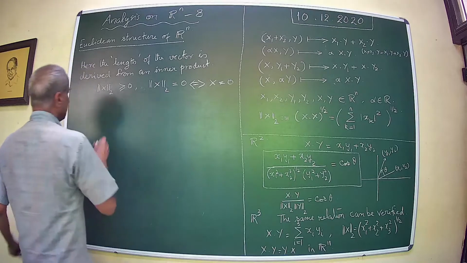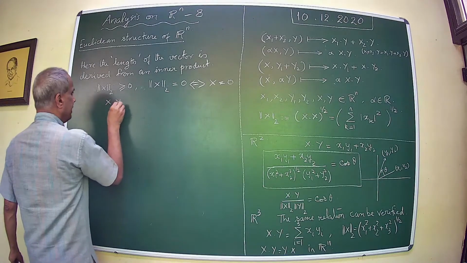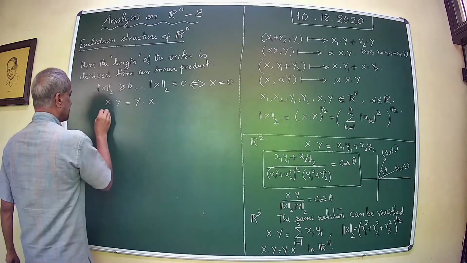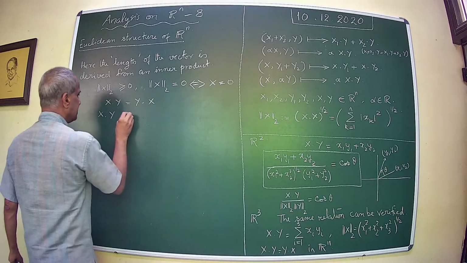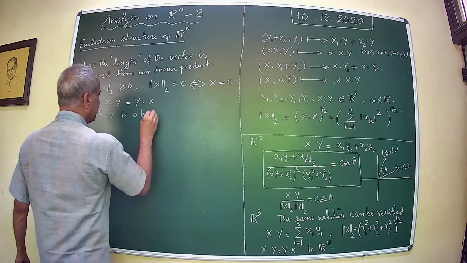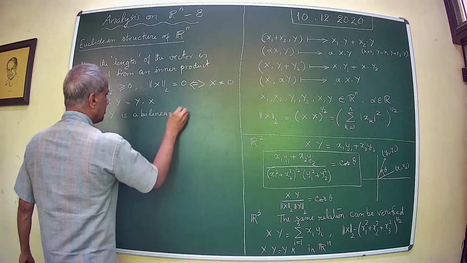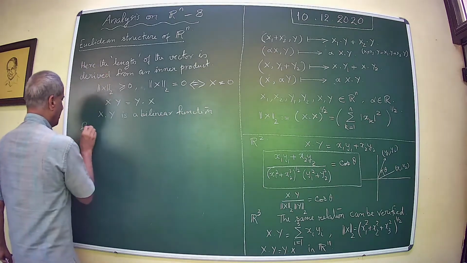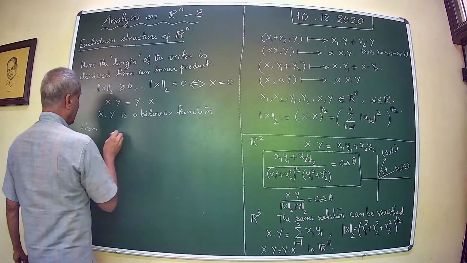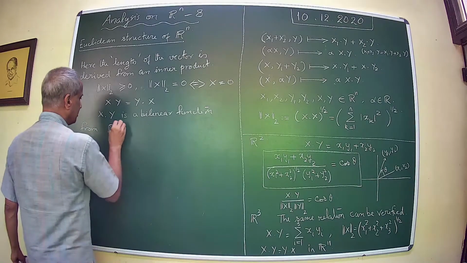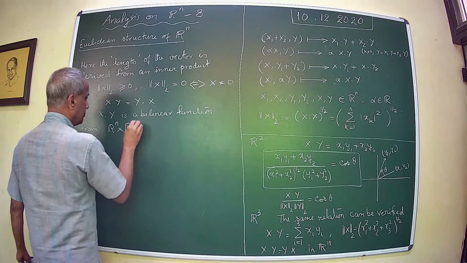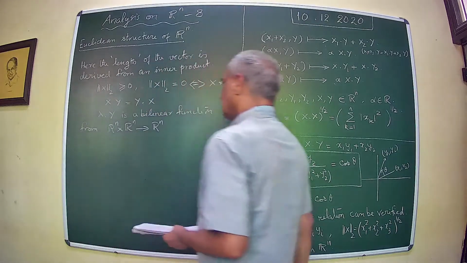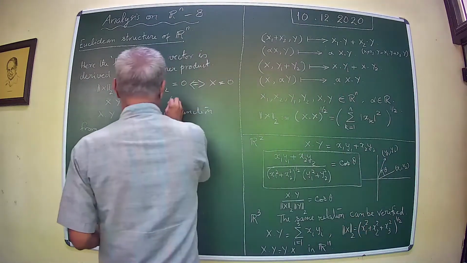Put a 2 here for indicating that it's the Euclidean length that you are talking about. And then you see that x dot y equal to y dot x. x dot y is a bilinear function from R cross R. Now this is what is called symmetry.